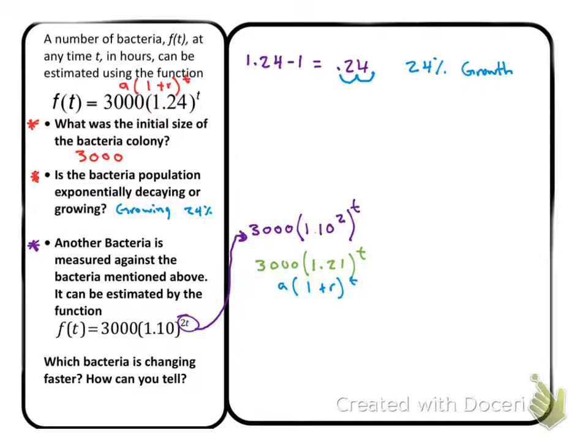So I'm going to take 1.21, subtract 1 away. That gives me 0.21. Right, so that there is my rate. Right, but now I want my percent, that's 21%. And my rate is also positive here, so it's a 21% growth.